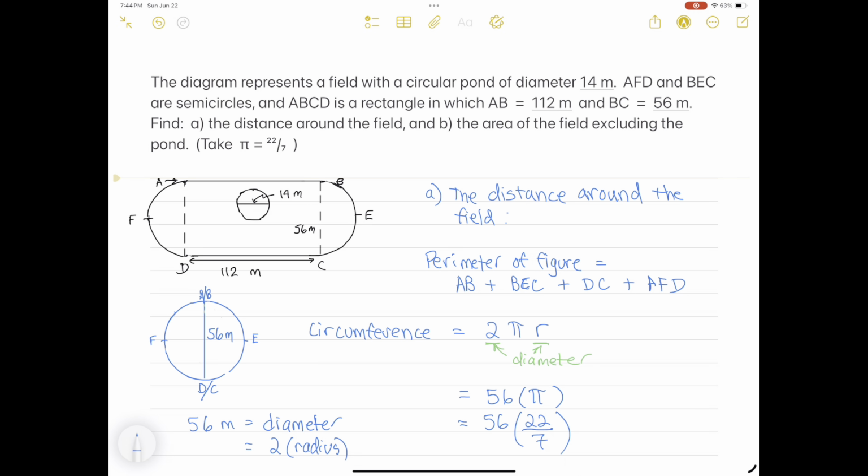And we see that 7 in the denominator goes into 56, the numerator, 8 times. So now we just need to multiply the numerators, 8 times 22, and I do that calculation on the side to get 176. So the circumference equals 176 meters.